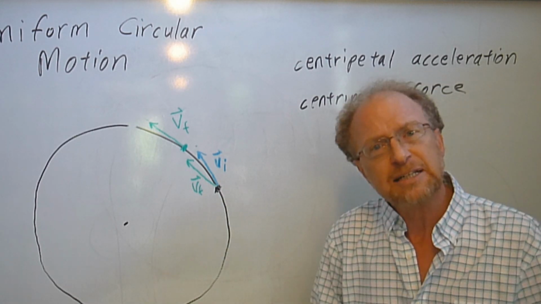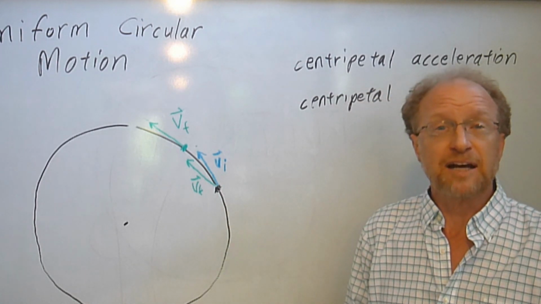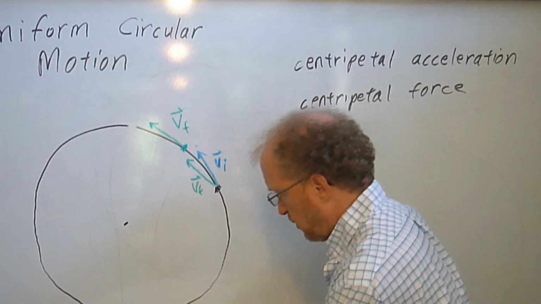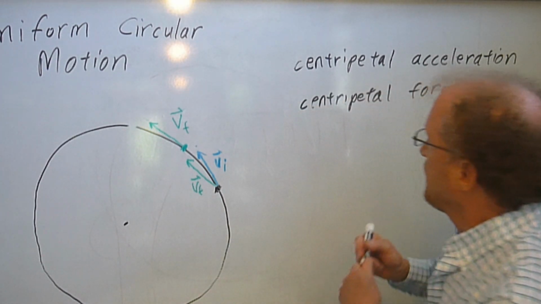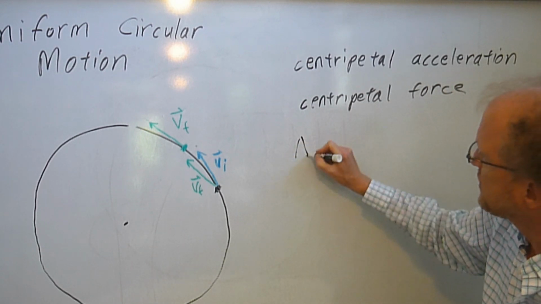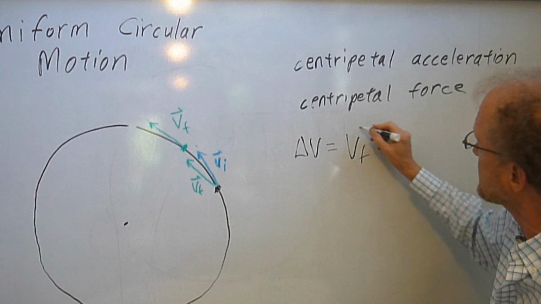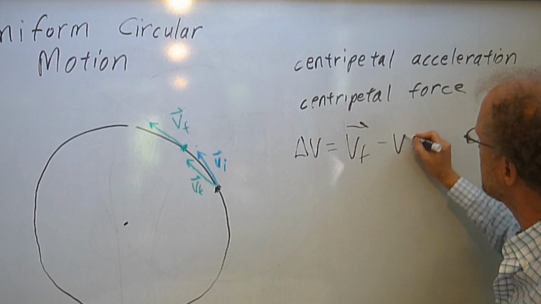And I want to find the delta v vector, the change in velocity. We know from our previous studies that delta v equals final velocity minus initial velocity.